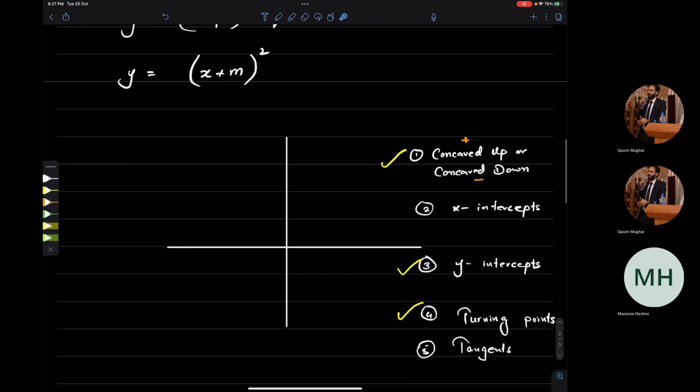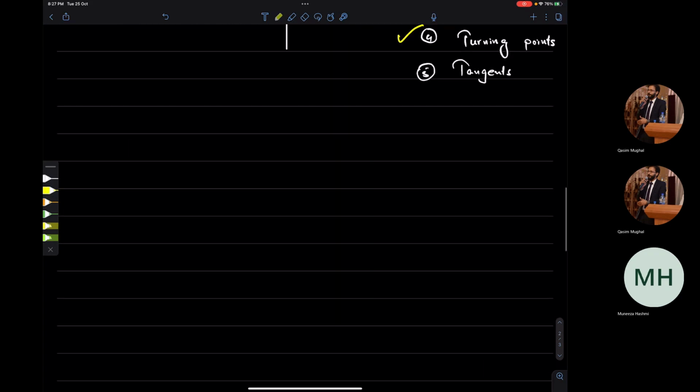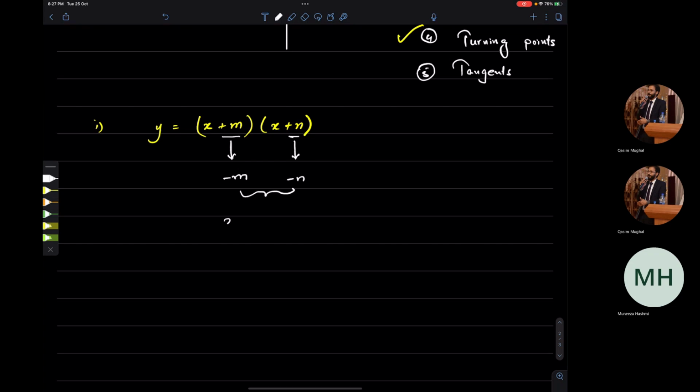Now, whenever you have x plus m times x plus n, if you are able to factorize a quadratic expression or quadratic equation like this, then the meaning of this is that this thing over here with the opposite sign and this thing over here with the opposite sign, these two numbers are going to be x-intercepts.